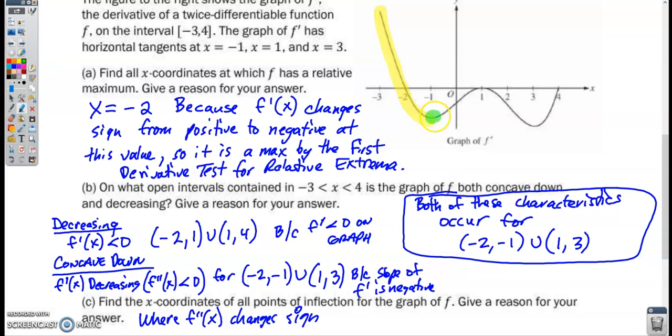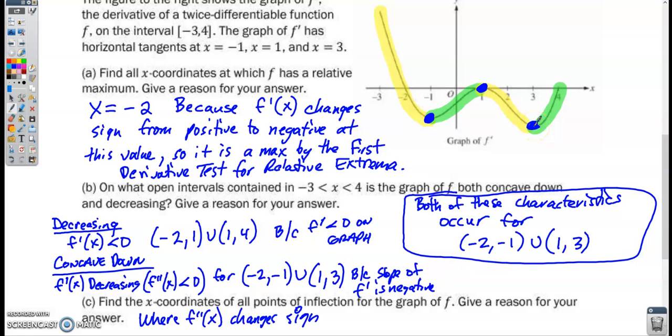F double prime is positive from -1 to 1. So that means that we're going to have a point of inflection at -1. F double prime is negative from 1 to 3, since the slope is negative, which means we've got another sign change in the second derivative right there at 1. And then lastly, f double prime is positive from 3 to 4. So we have one more spot right here at 3.